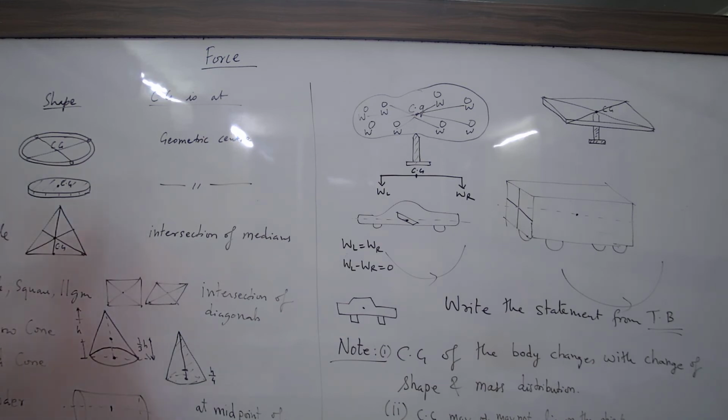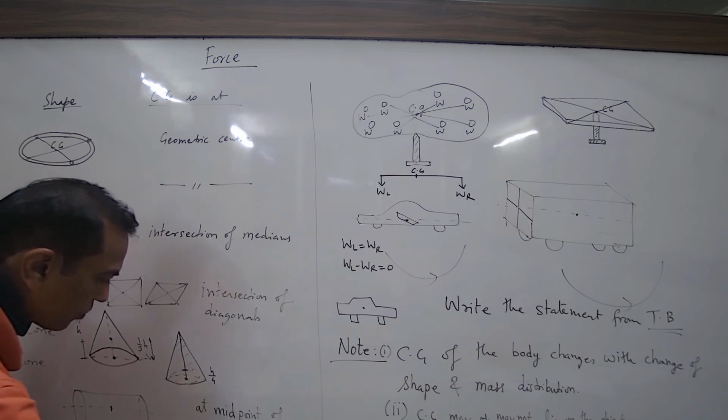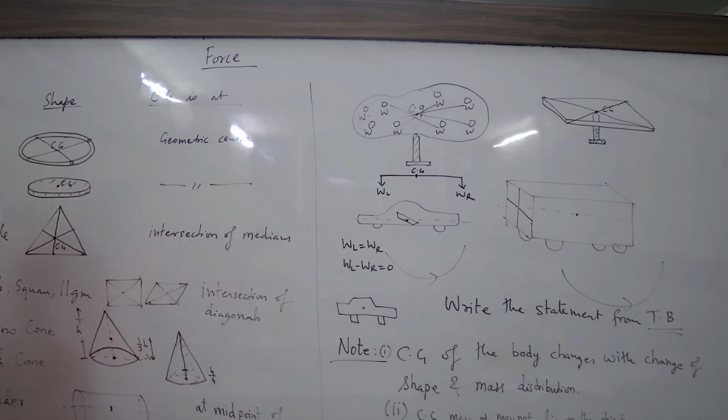Again at geometric center. So there are almost 9-10 objects. So hollow and solid sphere are combined. It is at the geometric center. So this also you have to be careful. CG may or may not lie on the object.